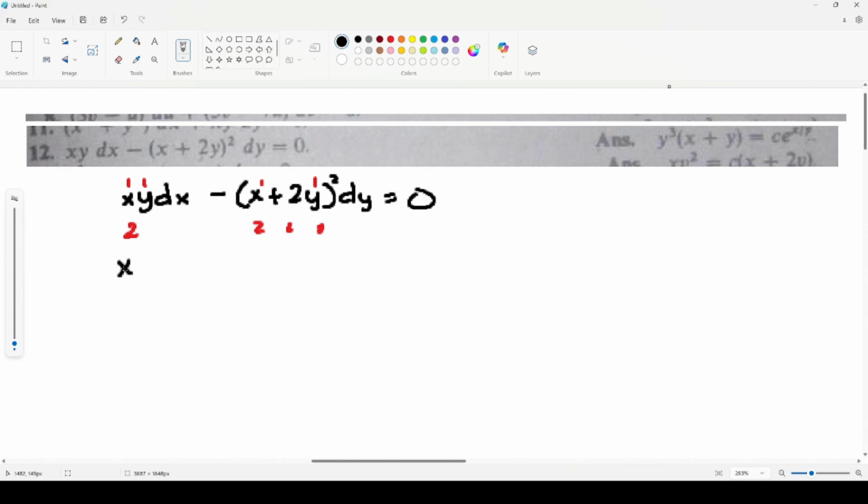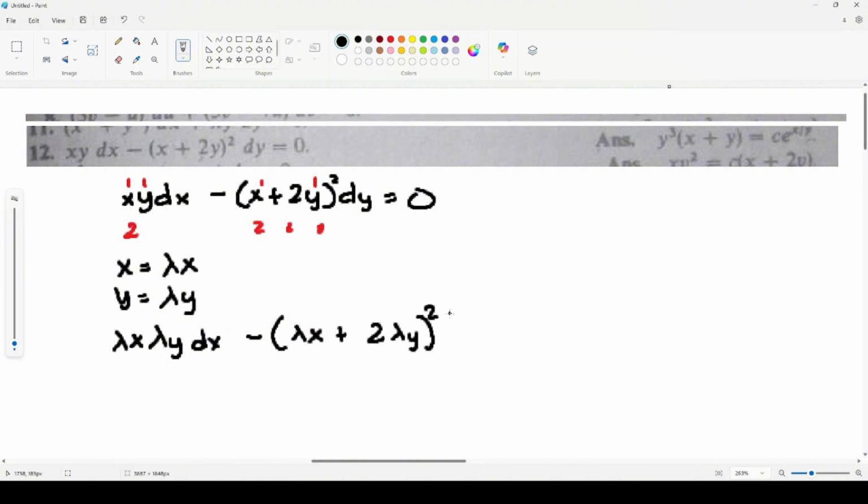Now substitute x equals lambda x, y equals lambda y. So our equation will become lambda x lambda y dx minus (lambda x plus 2 lambda y) squared dy equal to 0.